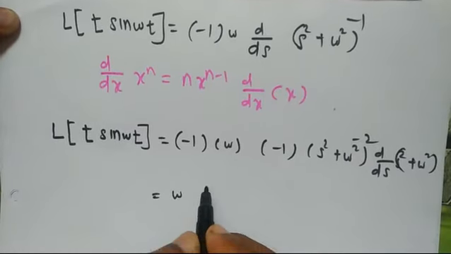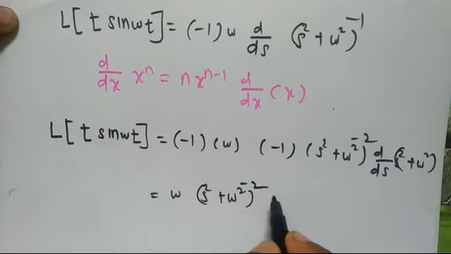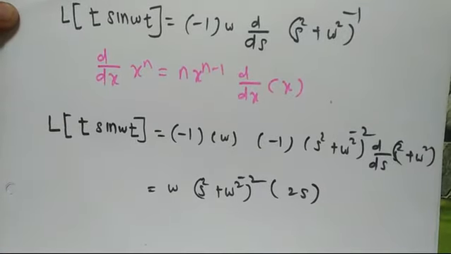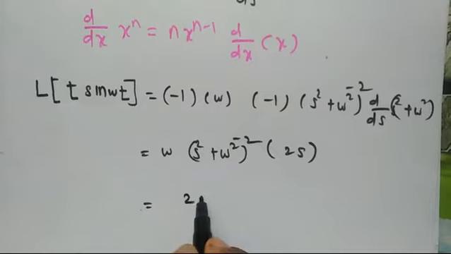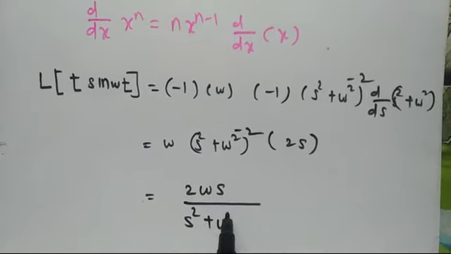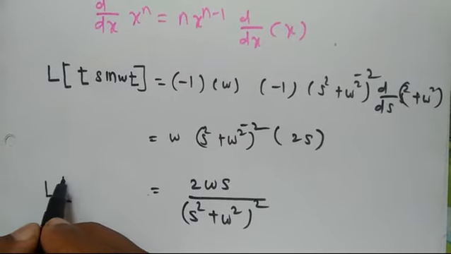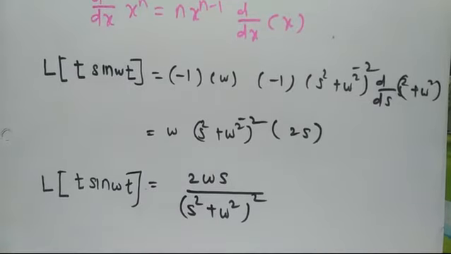So w (s square plus w square) to the power minus 2, derivative of s square is 2s. So finally you will get 2ws divided by (s square plus w square) whole square. So this is the Laplace transform of t into sin wt.